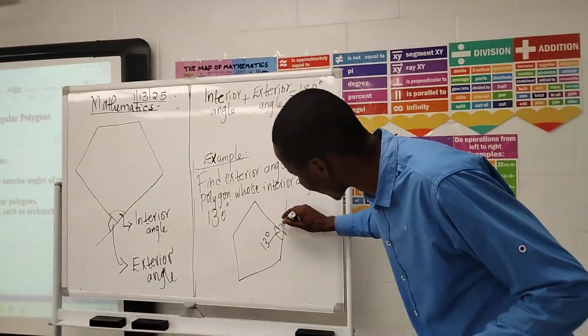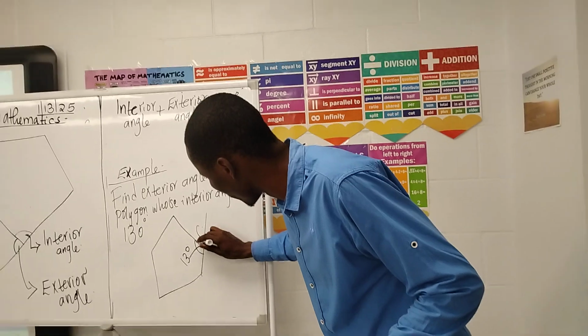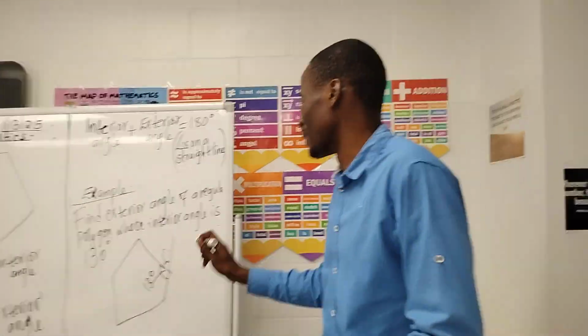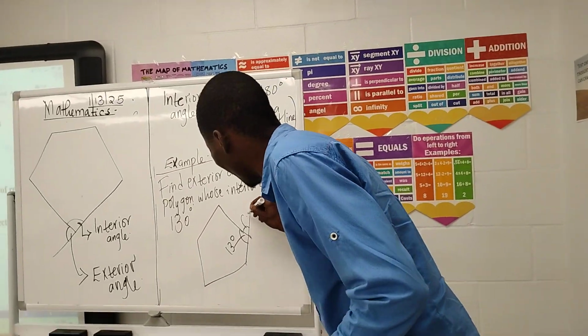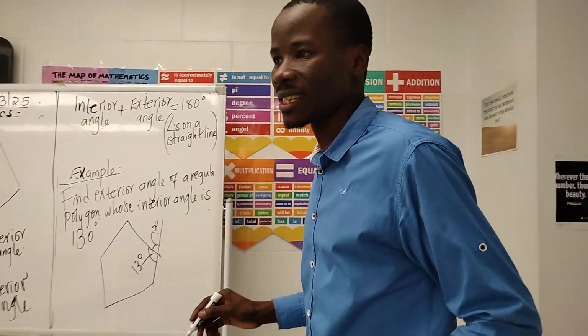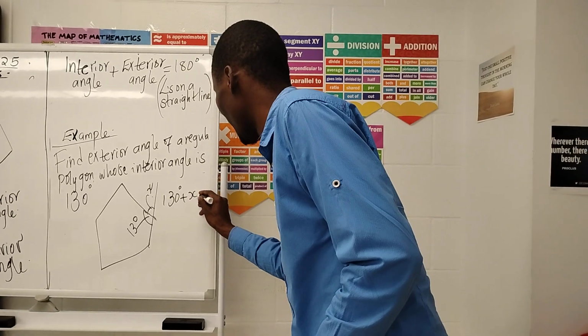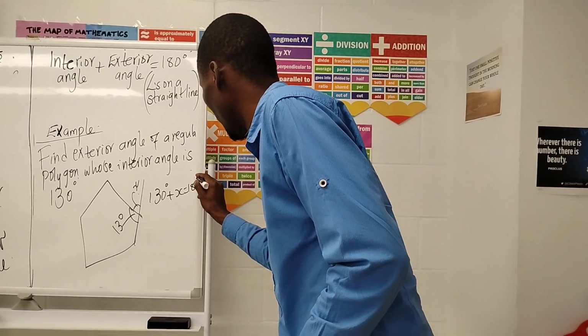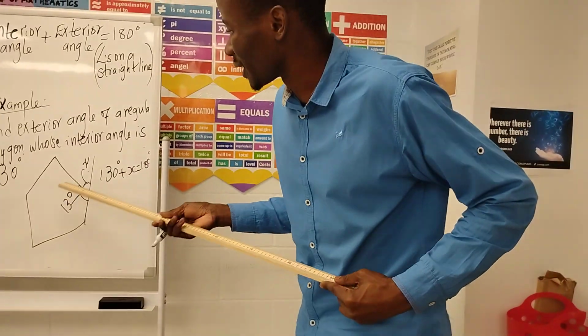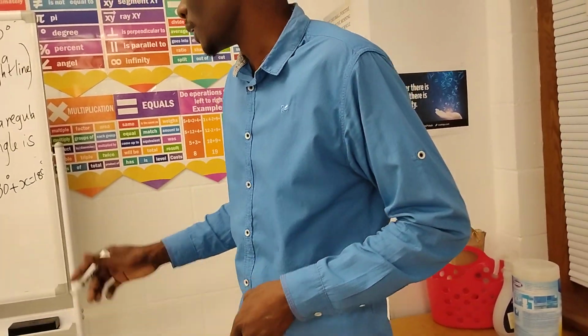We don't have the exterior angle, the one on the outside. You can call this exterior angle x. Then you simply say 130 degrees plus x is equal to 180 degrees. We are looking for x, which is our exterior angle.